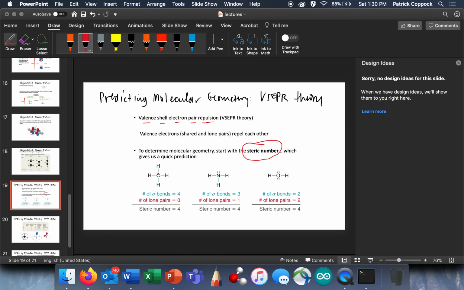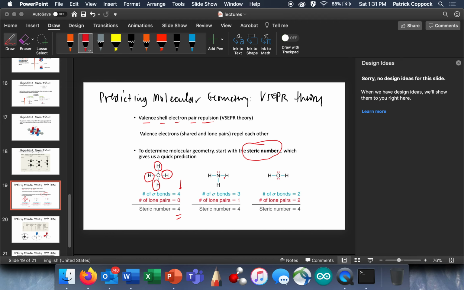So when we're counting the electron groups around methane, there's an electron group right there. It's really a bond, right? Here's another electron group, here's another, and here's another one, okay? So there's 4 electron groups, or 4 sigma bonds, around methane, and so its steric number is 4, okay?